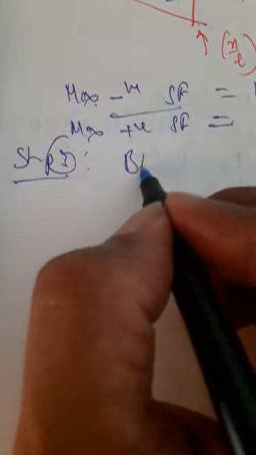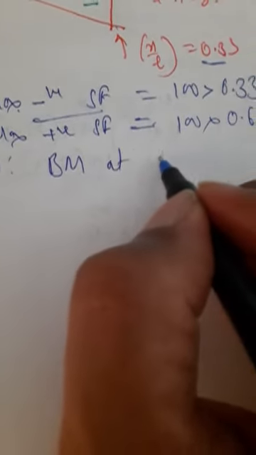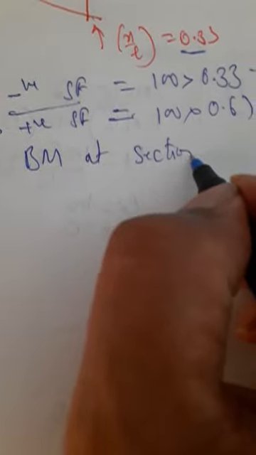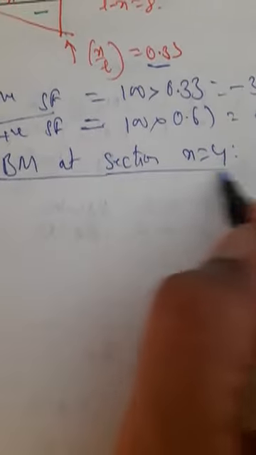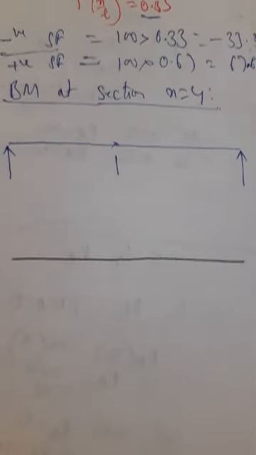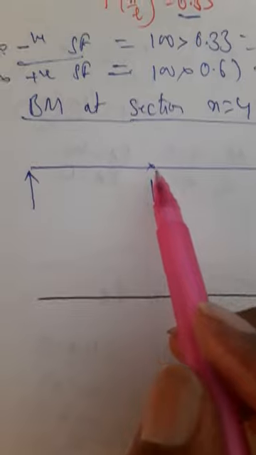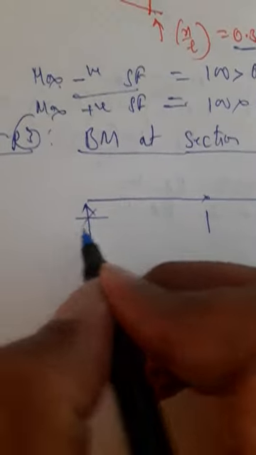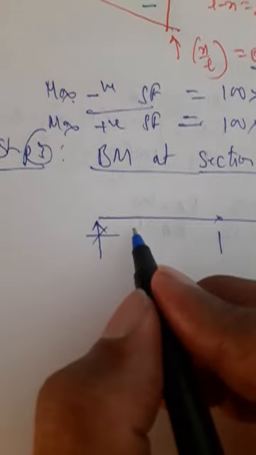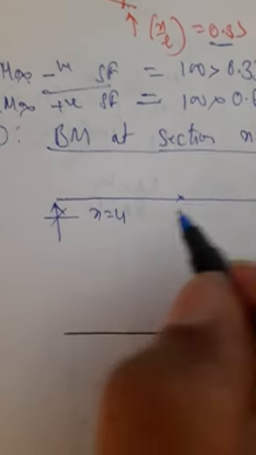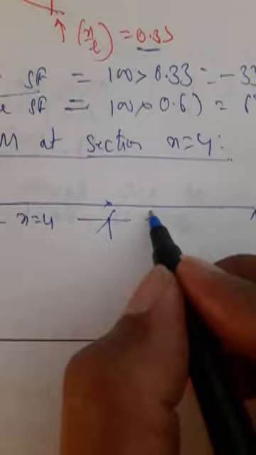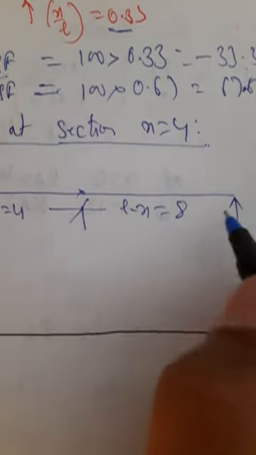Step 3, bending moment at section x is equal to 4. Now let me draw a standard bending moment diagram. Say this is x is equal to 4 in this distance, L minus x is equal to 8.